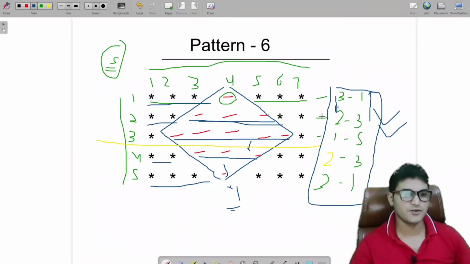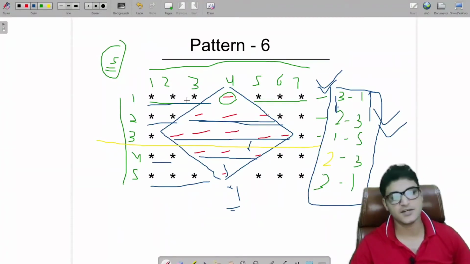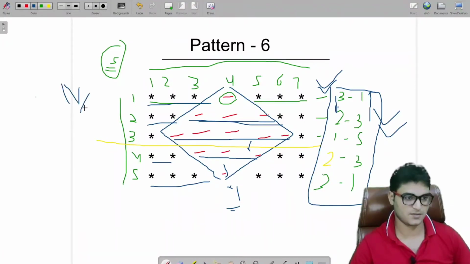So in each row we have to print some sort of stars and some sort of spaces. If you look carefully, at the initial level of printing star, we have to think about the first row. How many spaces do we have in the first row? 1 space. And how many stars? In the first row we have 3 stars. So the number of stars is n by 2 plus 1.